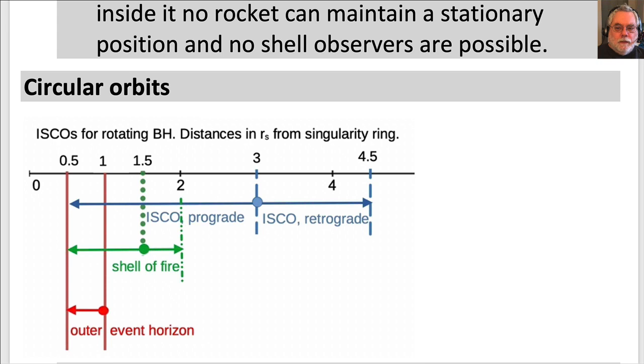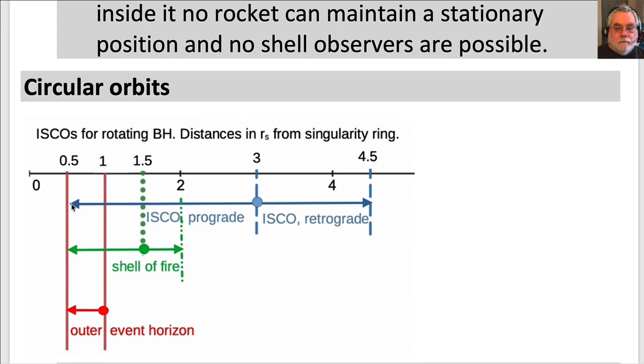Stable circular orbits in the same direction as the black hole's rotation, prograde, outside the outer event horizon, can reach closer distance to the outer event horizon and to the singularity ring than do stable circular orbits for a non-rotating black hole, down to 1/2 the Schwarzschild radius for a maximally rotating black hole.